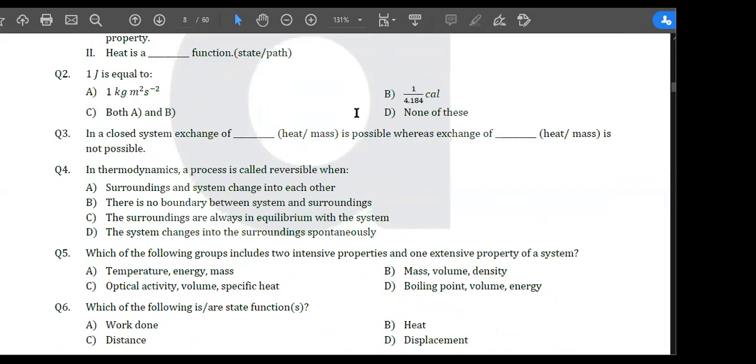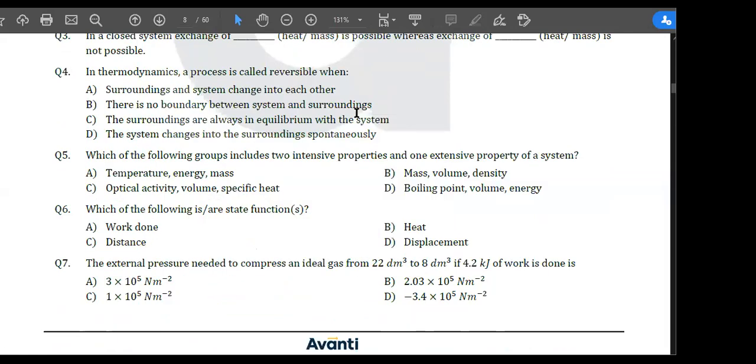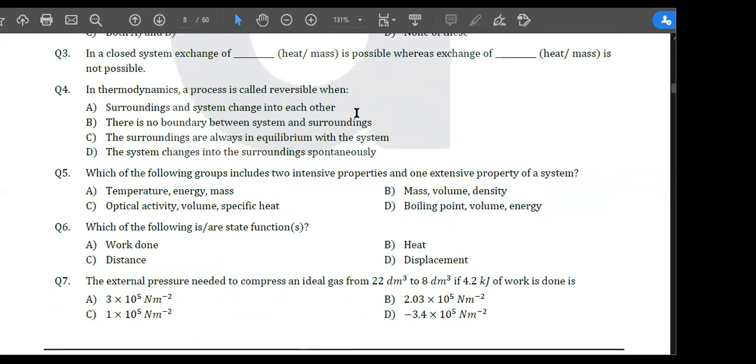Now 6 and 7, anyone? Any doubt in question number 6 and 7? So see, question number 7, we have a basic formula, putting and getting problem.